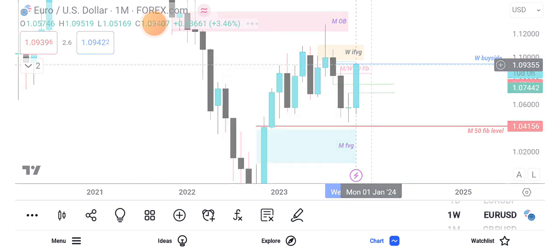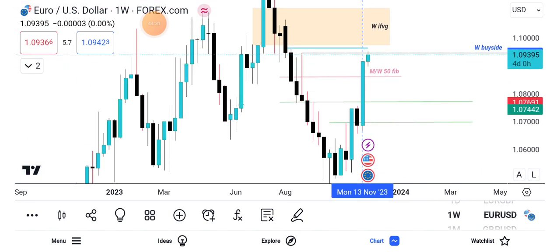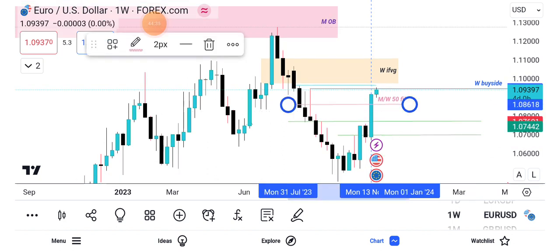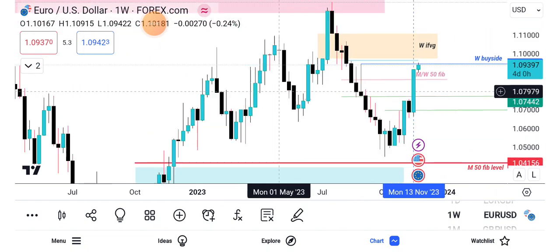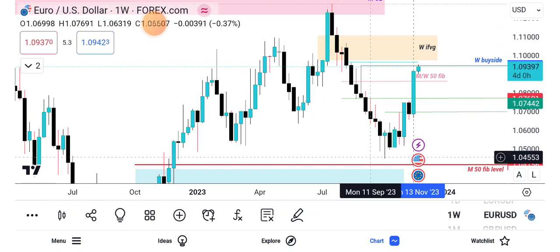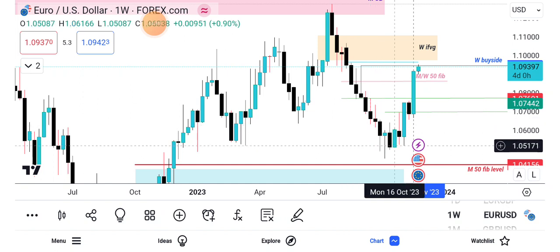Okay, dropping down to the weekly, around this zone you can see the thing I was telling you, the monthly/weekly 50 level is there, because it's from this high to this low, whereby we have also confirmed this market structure shift here.